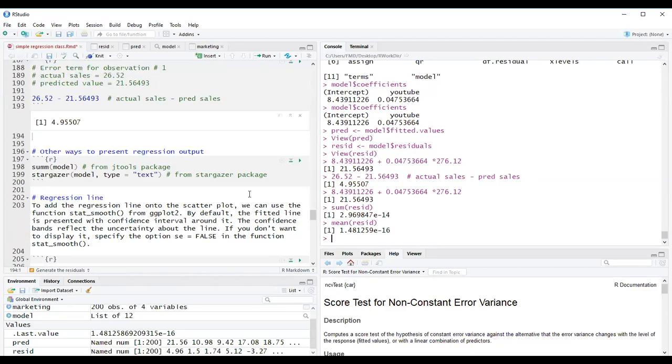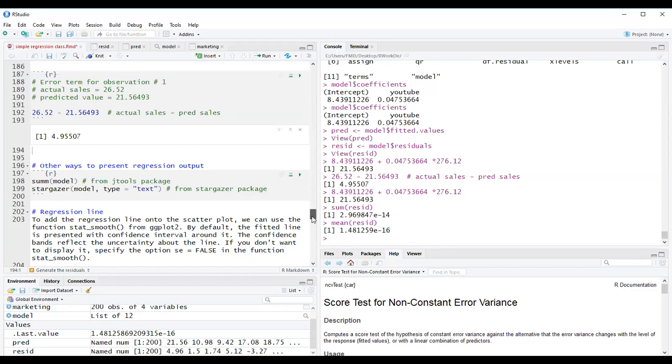Okay, now what we used to view our model is the summary, earlier. Okay, summary. Now, there are other ways to present your regression model. I find jtools to be good, and stargazer. So this summ function comes from the jtools package. And the stargazer one comes from the stargazer package.